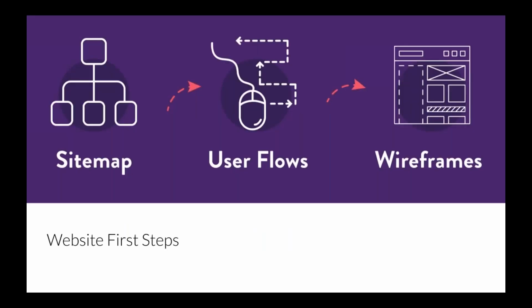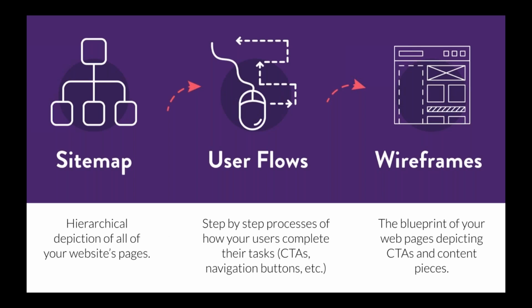Your first step is going to be creating your sitemap, user flows, and wireframes. I'll tell you a little bit about what those are. Your sitemap is a hierarchical list of all of your website's pages. What pages do you know you need to include? This will list all of the pages on your website, along with how to flow from one page to the next.